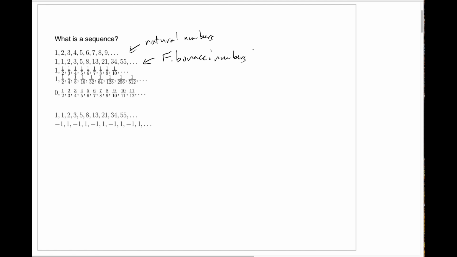Well, let me show you how the Fibonacci numbers are defined. We start with 1 and 1, and then each successive number is the sum of the two previous numbers. So after 1 and 1, we have 2, then 3 is 1 plus 2, 5 is 2 plus 3, 8 is 3 plus 5, etc.